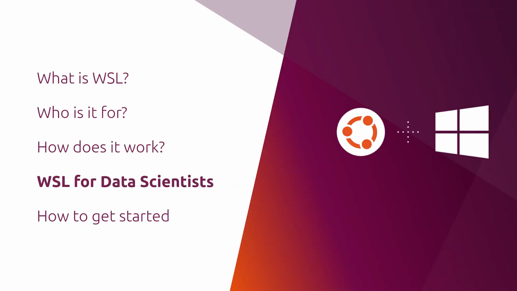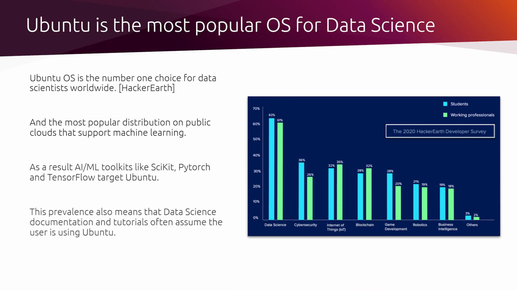Cool. So let's talk a little bit about WSL for data scientists. And I'm really interested to hear Carl's perspective on this topic, because I think he's got lots of great insight there. Just talking quickly about Ubuntu, we're really proud of how great Ubuntu is for data scientists. It's a really popular operating system amongst data scientists. You can see we've got this graph here from HackerEarth.